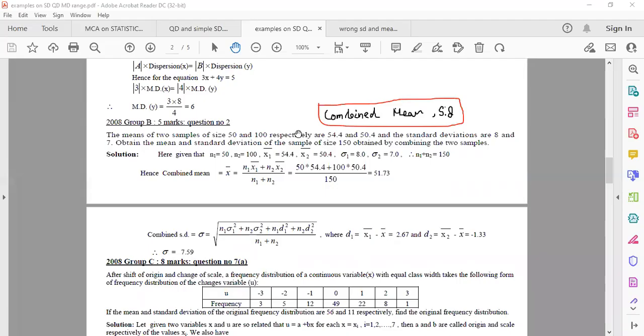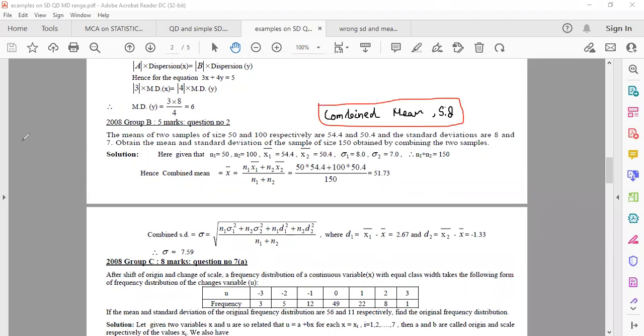Arithmetic mean, combined mean. Two groups of data are given. Think about the case: two data sets are given.